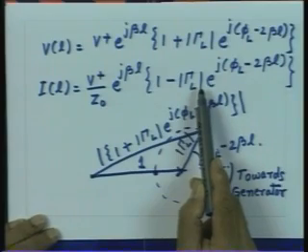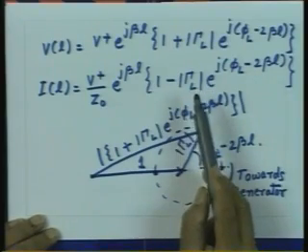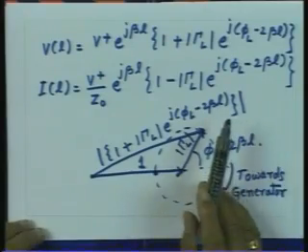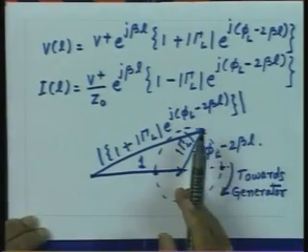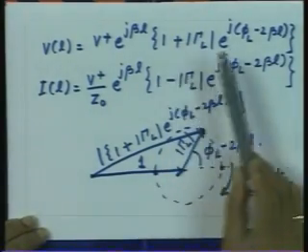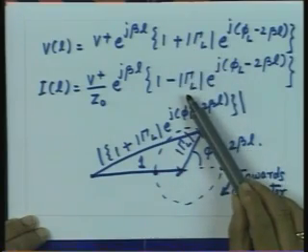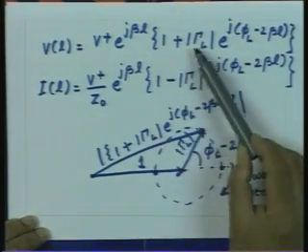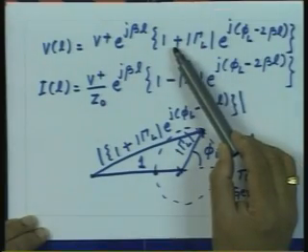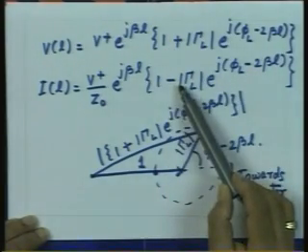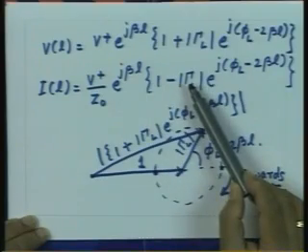That is a very interesting thing now. Earlier when we talked about the lumped circuit, wherever we have higher voltage, we also have higher current. Now, what we are seeing here is that when the voltage is maximum, the current is minimum, and vice versa. When this quantity becomes minus 1, that time the voltage will be minimum, but this quantity will become plus, so I will get the current maximum.